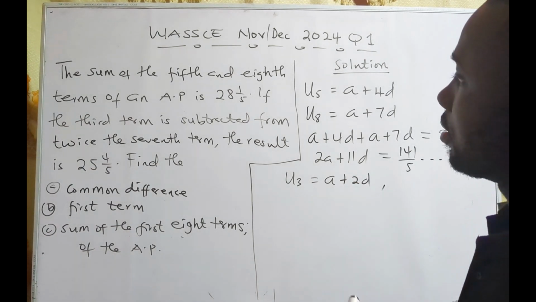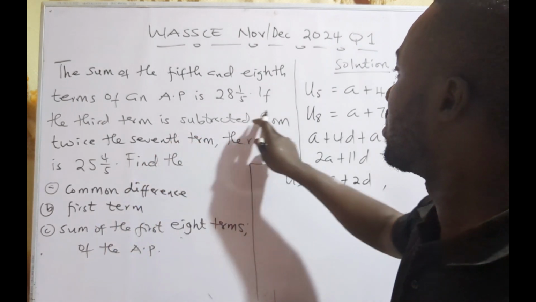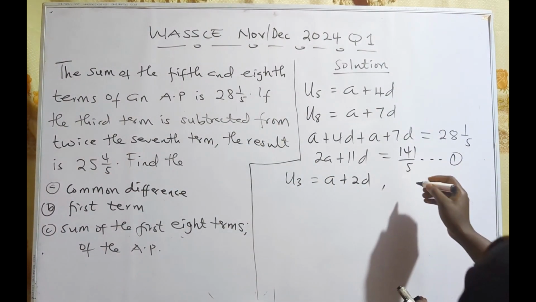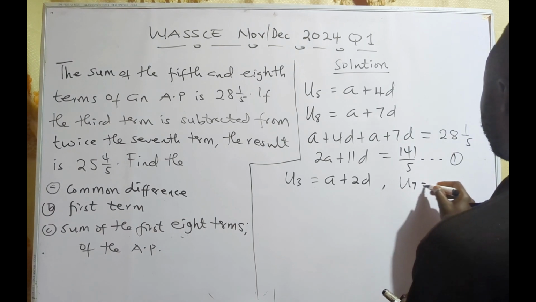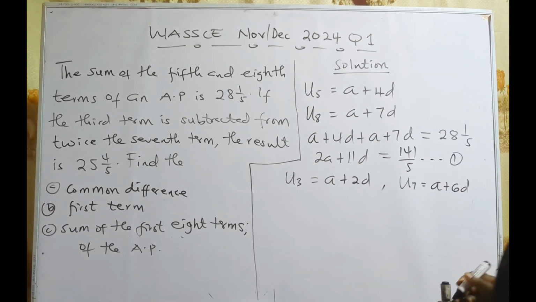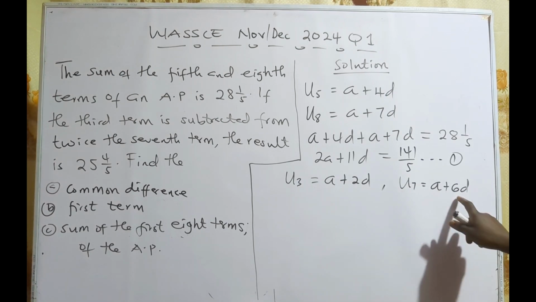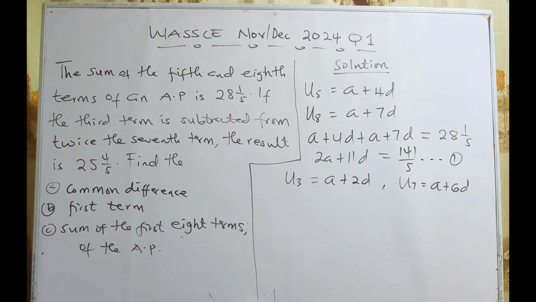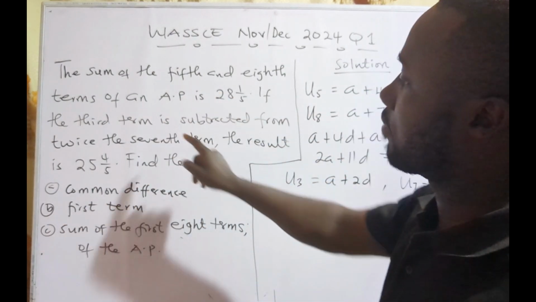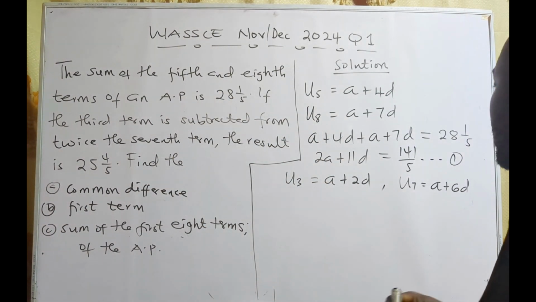And the seventh term is A plus 6D. So this is the third term, this is the seventh term. What is twice the seventh term?